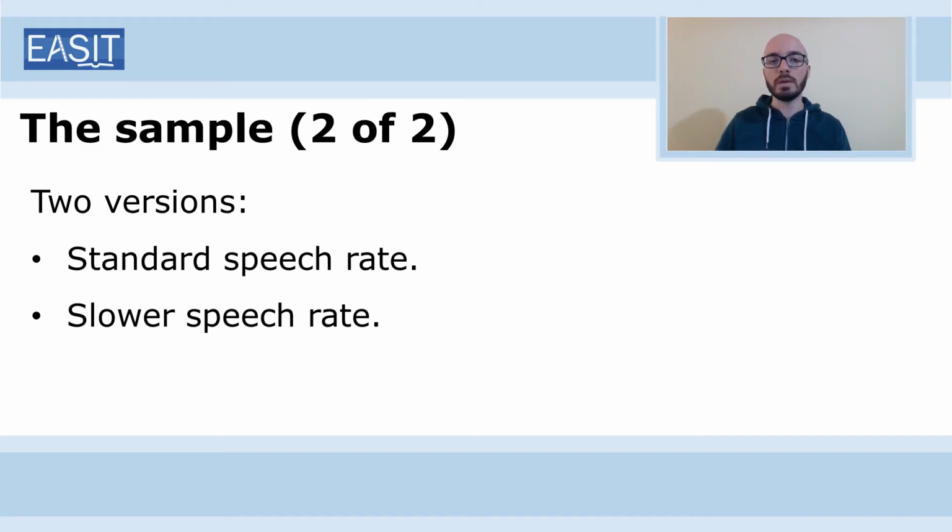In this way, users that can read the subtitles can do that more easily. Similarly, users that access the content through the audio mode only can also benefit from a slower speech rate.